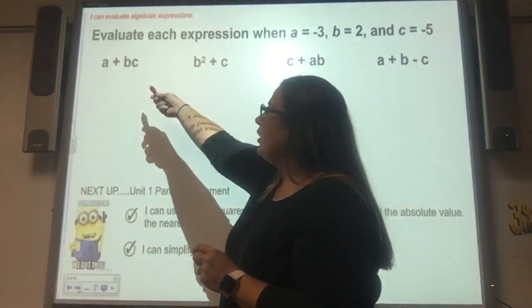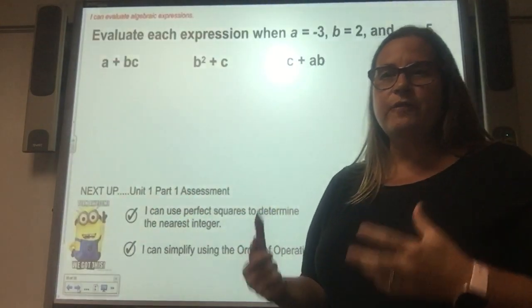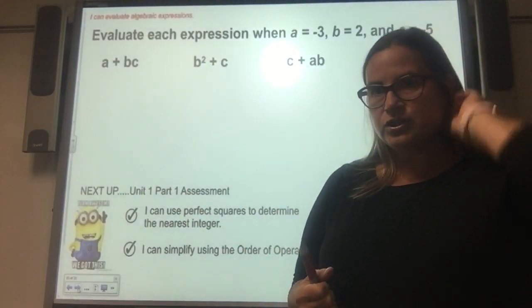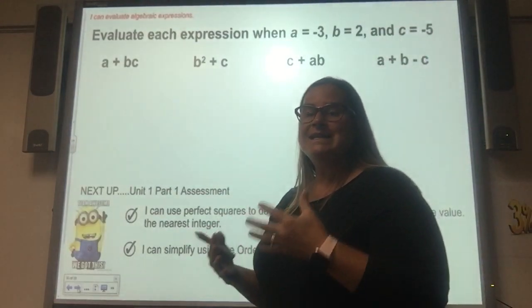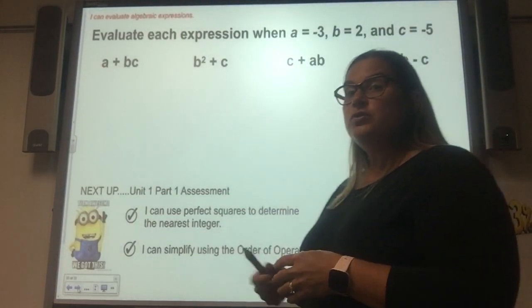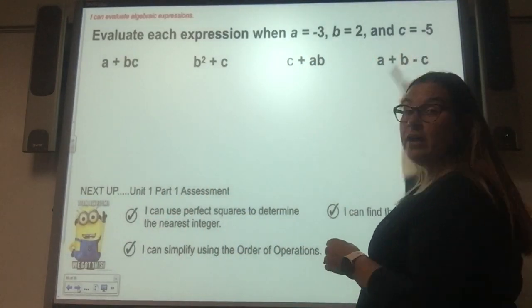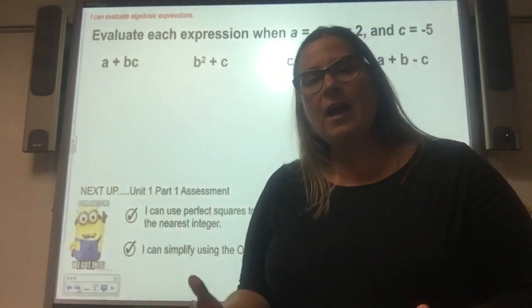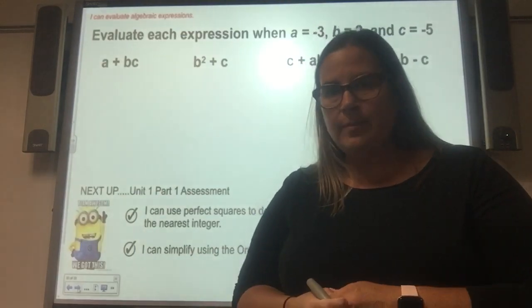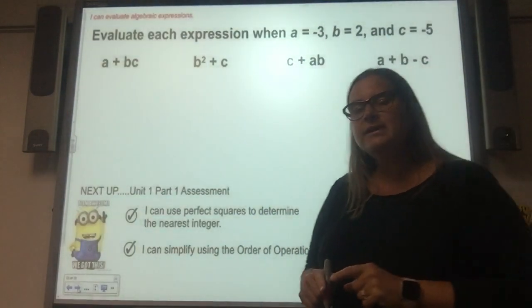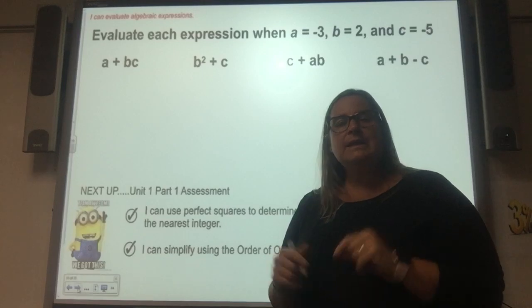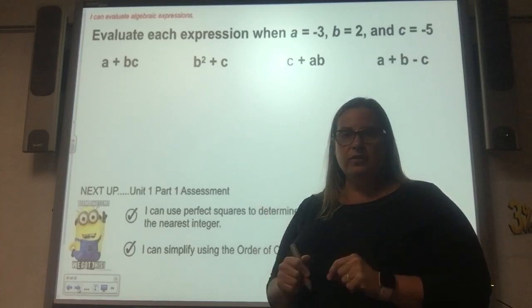This is called a variable expression because it has variables in it. Variables are letters. So it's A plus B, C. What I'm going to do is replace those variables with these values, and then it's going to become a problem similar to what we were doing the last couple days. When you replace the variables with a number, it's important that you use parentheses.